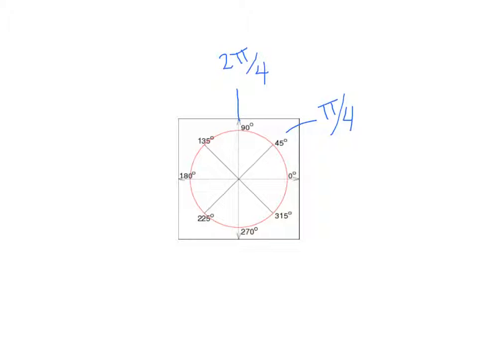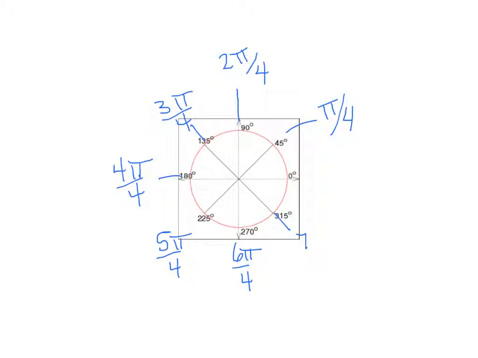And this would be 3/4 pi, or 3 pi over 4. This would be 4/4 pi, this would be 5/4, this would be 6/4, this one would be 7/4. And of course, back to here, we have 8/4 pi.